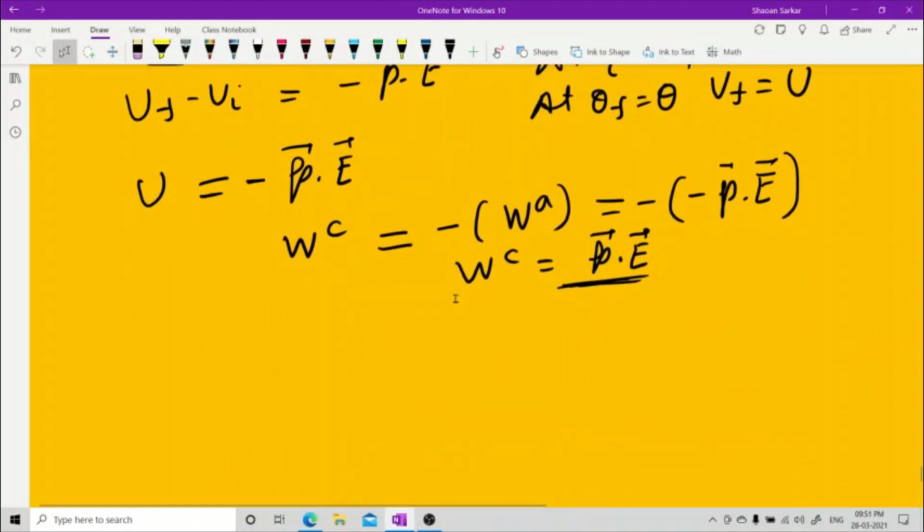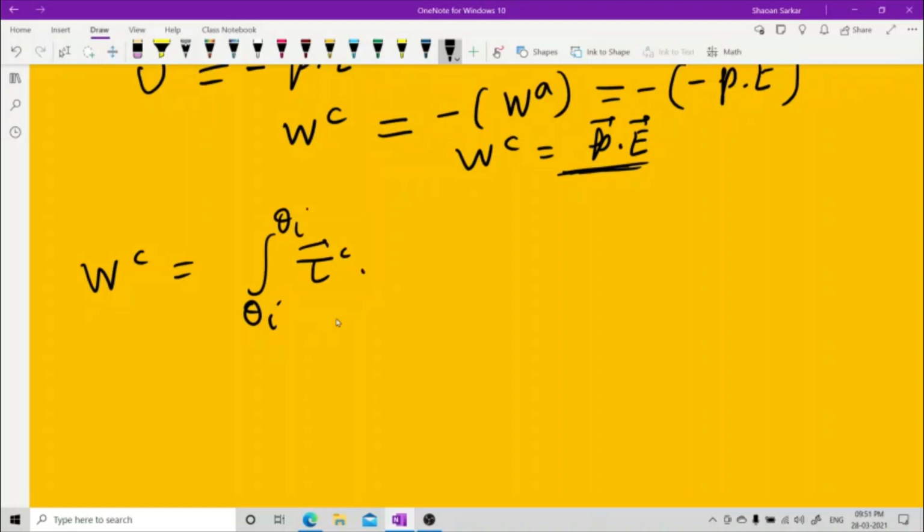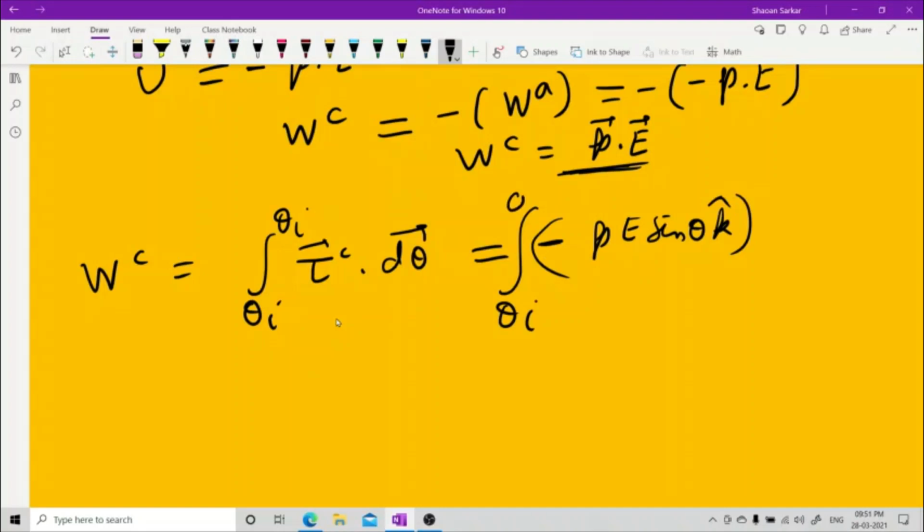Now let us try to find out work conservative directly. Work conservative will be the integral from theta initial to theta final of the torque conservative dot d theta vector. This is minus PE sine theta k vector, dot d theta k vector. So W conservative is equal to minus the integral from theta initial to theta final of PE sine theta d theta, since k dot k is 1.